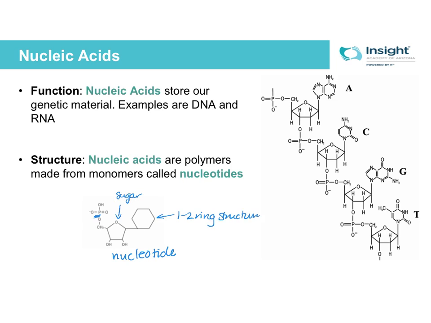Depends on which nucleotide you're working with. All right, so like you can see here, we've got a 2-ring structure. Here we've got the 1 ring. 2 ring, 1 ring. All right. So to me, the real telltale sign that I've got a nucleic acid is this phosphate group here. All right, so it's a phosphate group with some rings. If you remember that, then you should have the structure down pretty well.